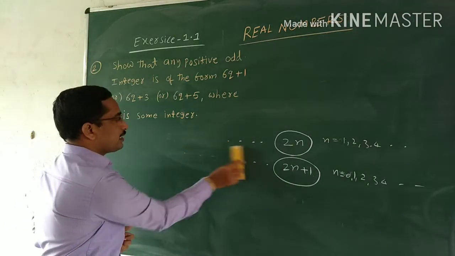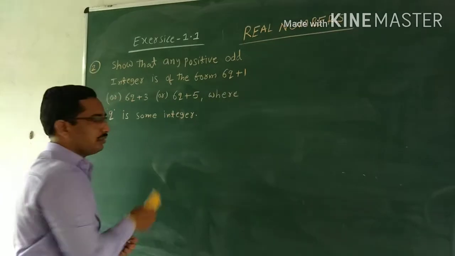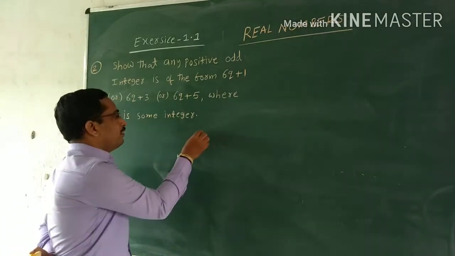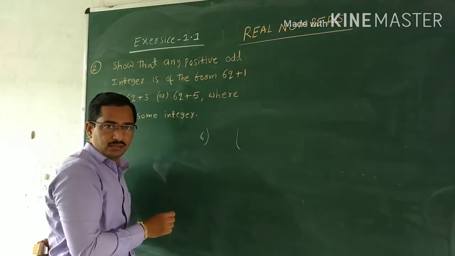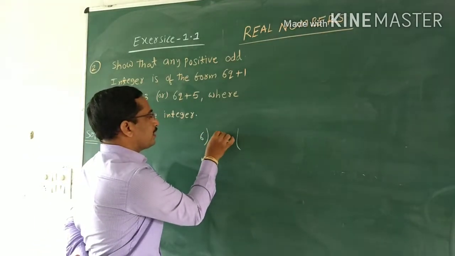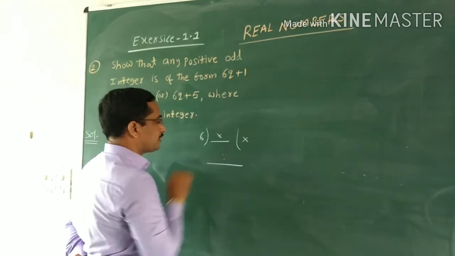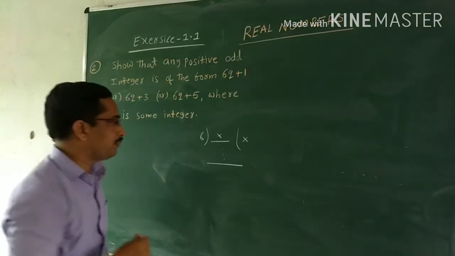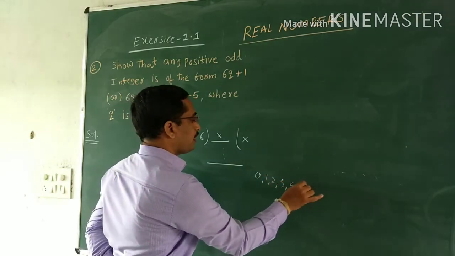Now see the second concept, the division. If you divide any number with 6, we don't know the number, and here also we don't know the quotient, but we know the remainders. You can expect the remainders are 0, 1, 2, 3, 4 and 5.